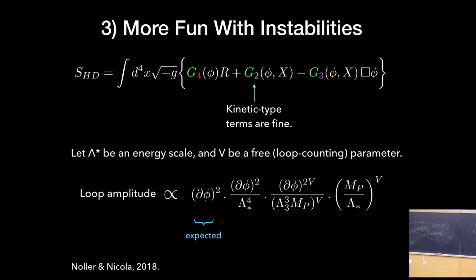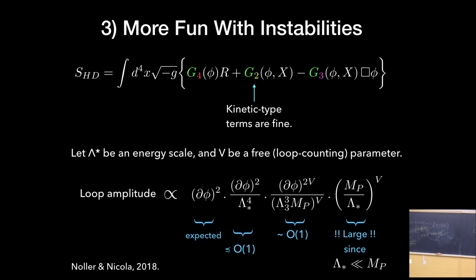This term here is completely normal and standard and what you'd expect for a scalar field. This term here, you can argue, based on this energy scale in the denominator, is either small or order unity, so you're not that worried about it. This term here is of order unity.